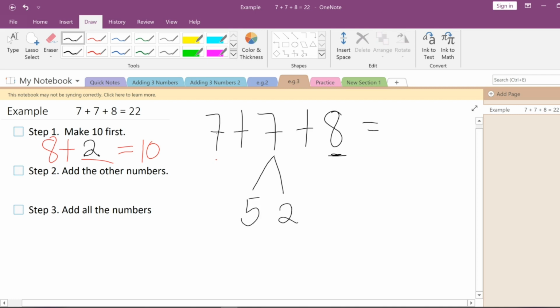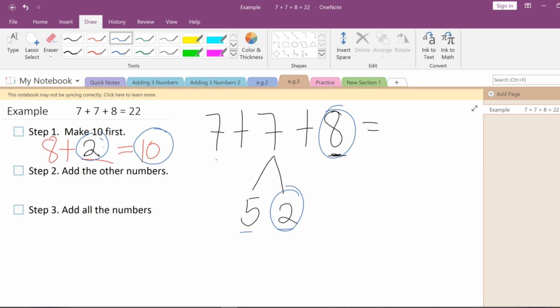Why 5 and 2? Because we need 2 to make 10. That's why we have 5 and 2. Now that we have 5 and 2, we can add 2 plus 8 is equal to 10. This one.